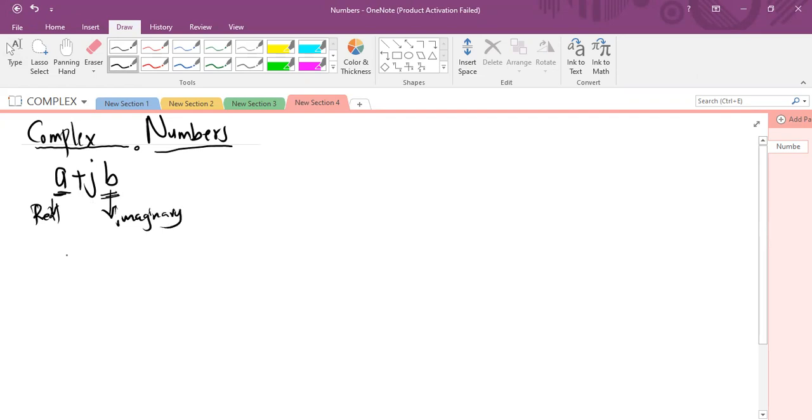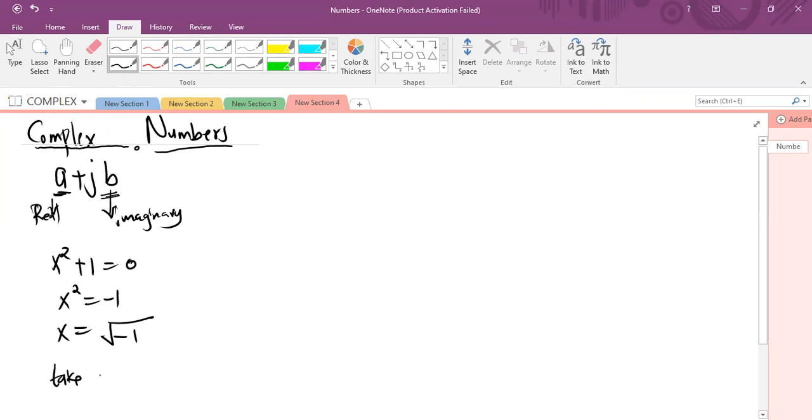Now, let's say, for example, you're given a quadratic equation like x squared plus 1 is equal to 0, and you're told to solve. This will give x squared is equal to minus 1. Evaluating this will give x is equal to the square root of minus 1. Now, we are not able to evaluate the square root of minus 1, so we will assume it to be j.